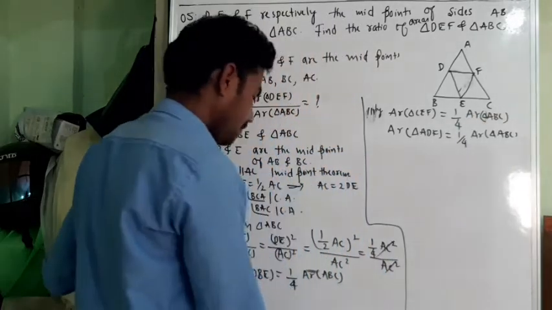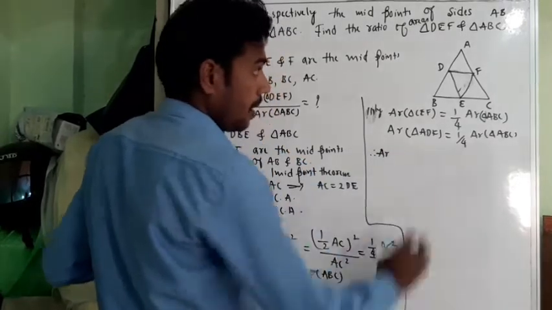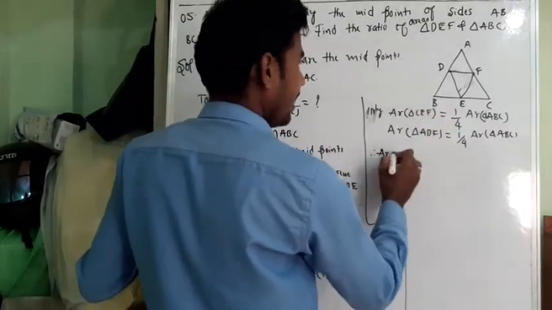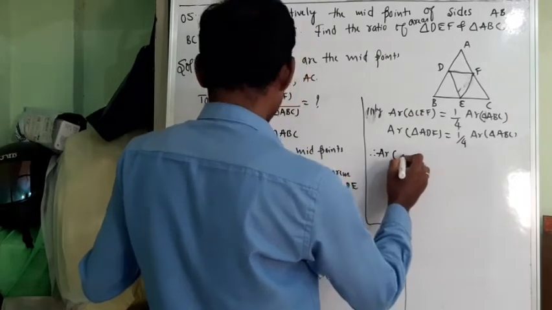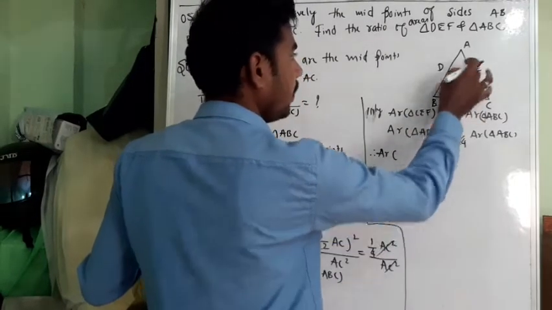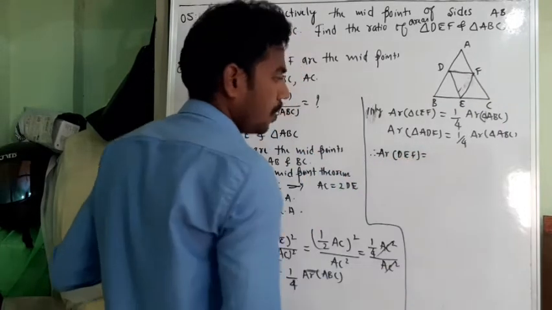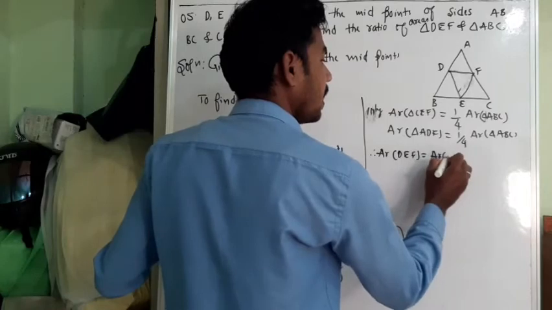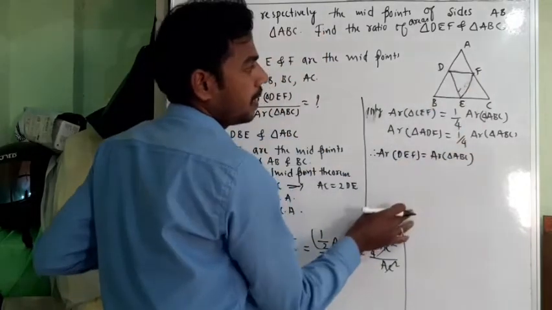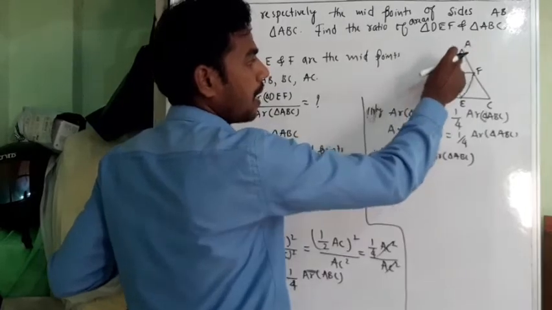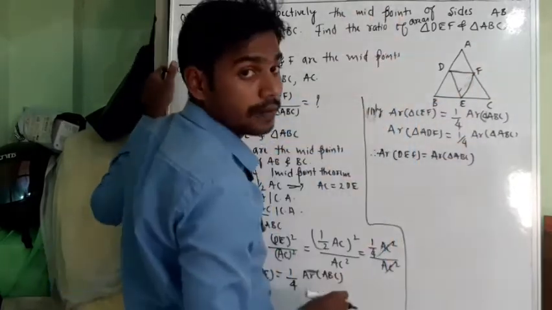Okay. Now, therefore, area of triangle DEF is equal to area of triangle ABC minus... I told you, to get the area of triangle DEF, I need to subtract the area of these three triangles from the area of triangle ABC.